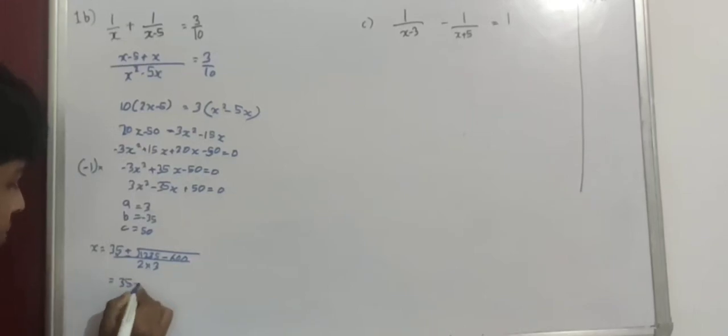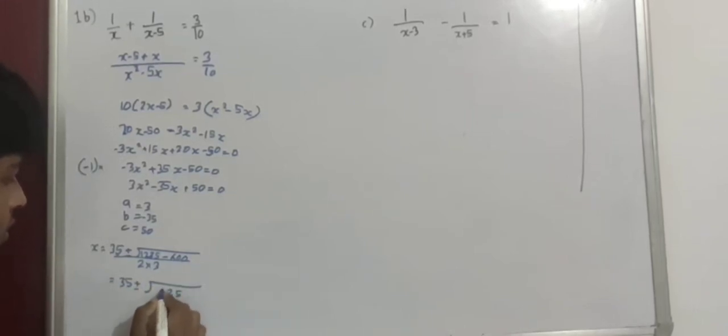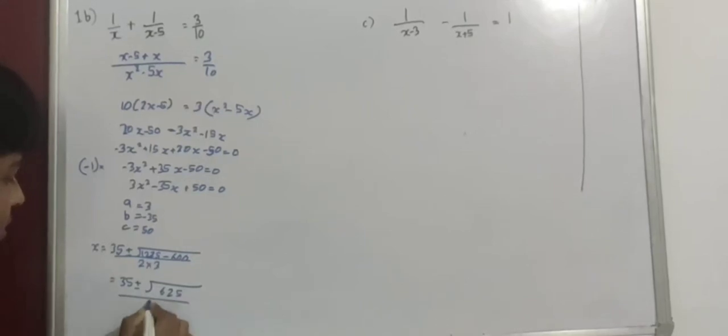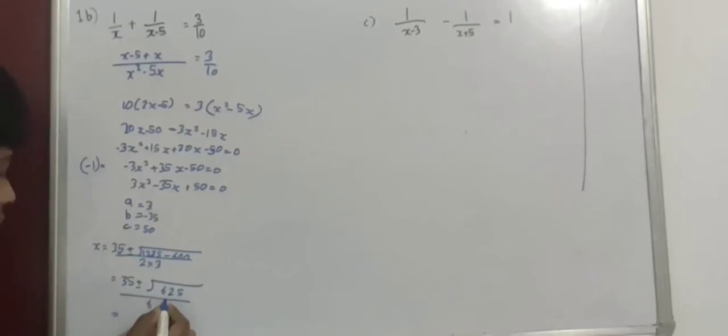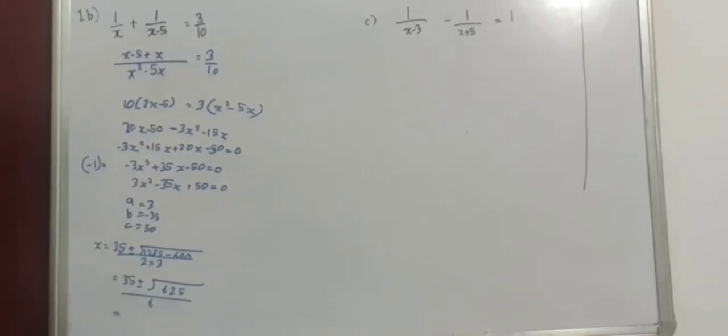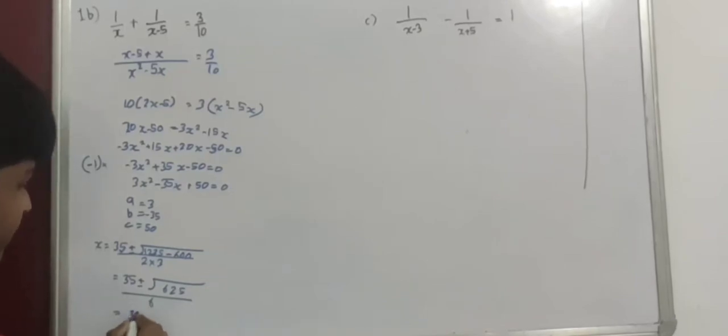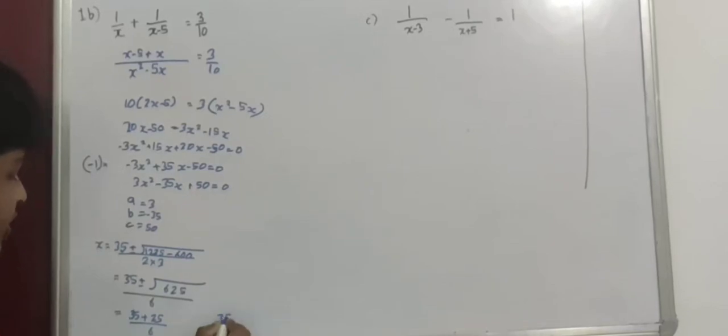So this is 35 plus minus under root 625 divided by 6. 625 is the square of 25. So 35 plus 25 by 6 and 35 minus 25 by 6.